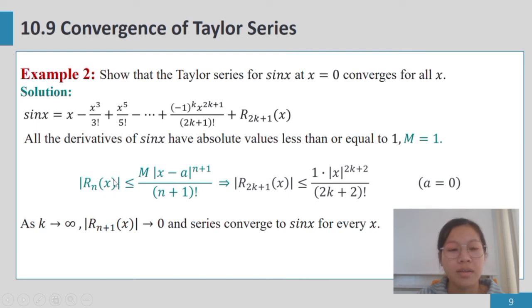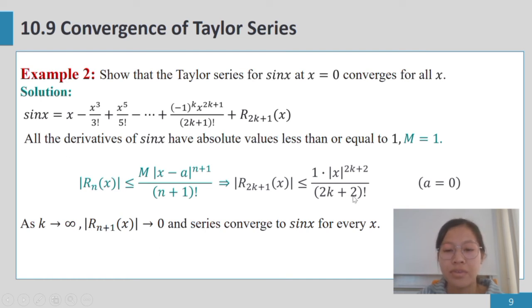So here we can substitute that in our remainder formula. n is equal to 2k plus 1, so n plus 1 is equal to 2k plus 2, and since our center is 0, a equals 0 and M equals 1, so we get this one. As k approaches infinity, it gets larger, so the absolute value of our remainder gets smaller and smaller.